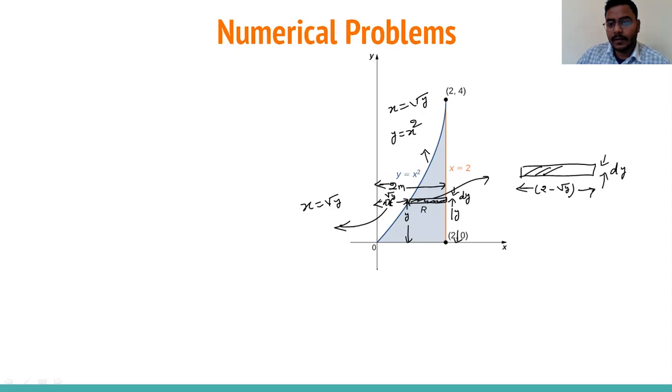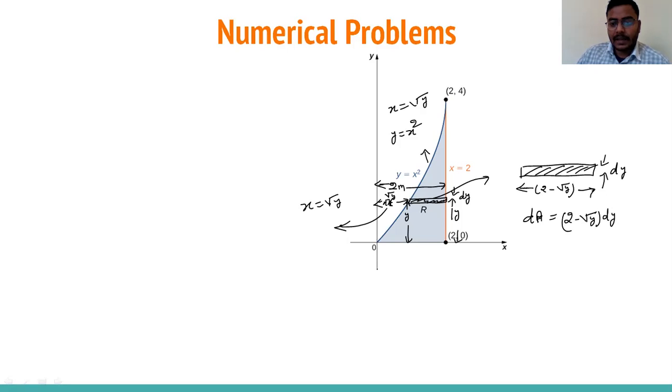Now we can calculate the area of this small segment, which we denote by dA. This is a rectangular section, so area would be length into width, so 2 minus root under y is the length, into dy, the width. Are you getting my point?